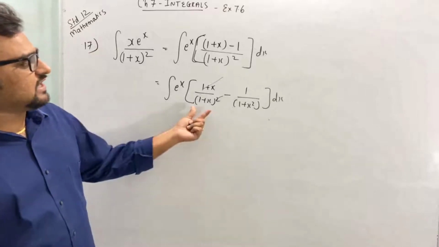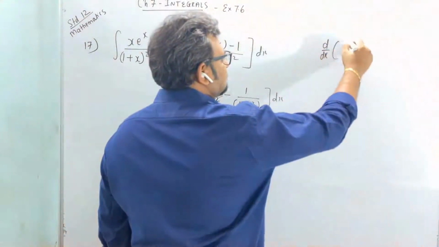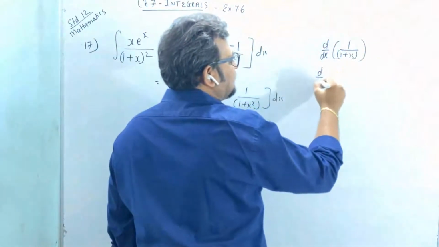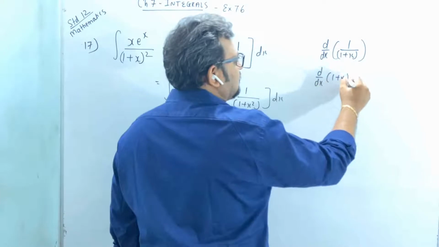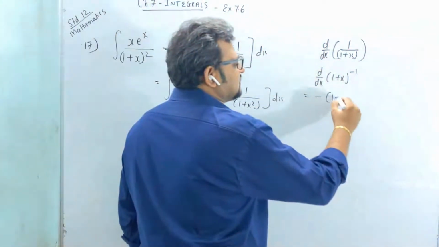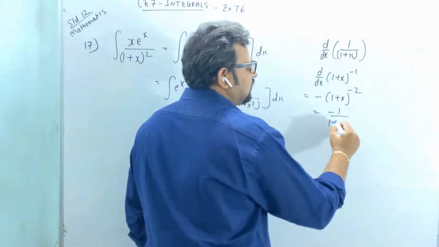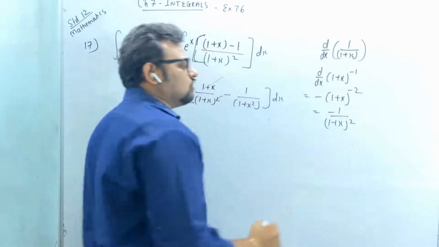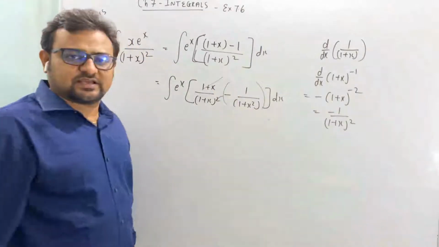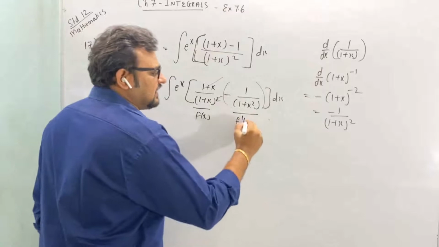What we will do if we take the derivative of 1 upon 1 plus x? d by dx of it will be minus 1 upon (1 plus x) whole square. So see, this is f'(x), if I take this as f(x).